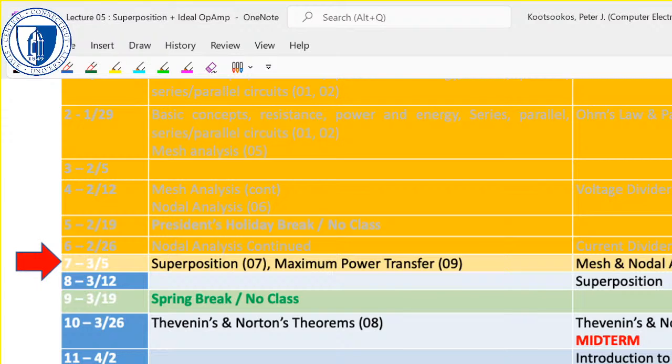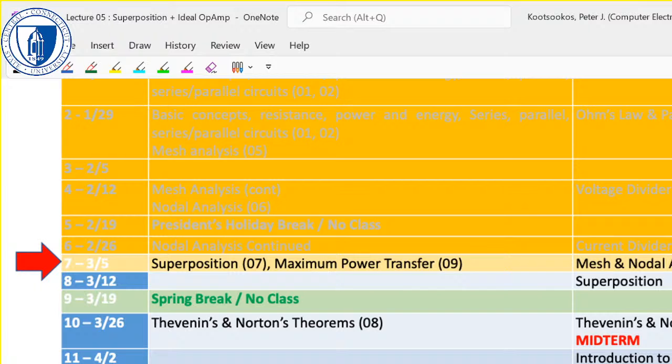So we've got another lab today. I want to do the mesh and nodal analysis one. I want to talk about two things today. I won't talk about maximum power transfer. I'll leave that probably until next week.